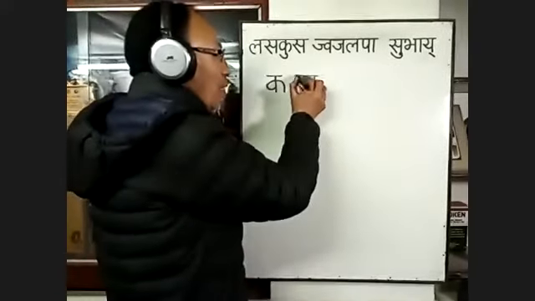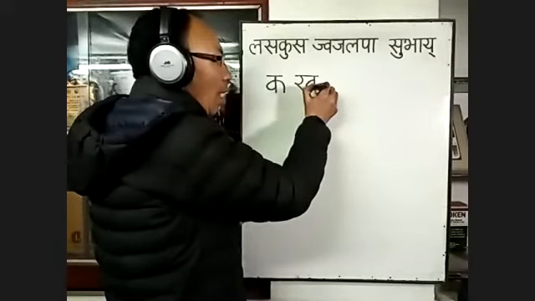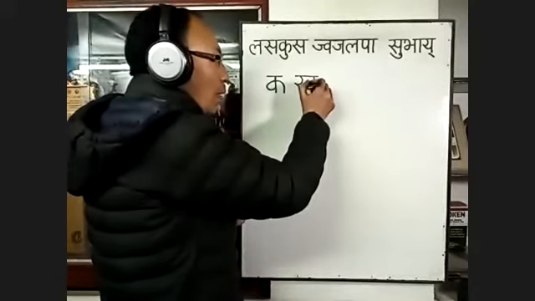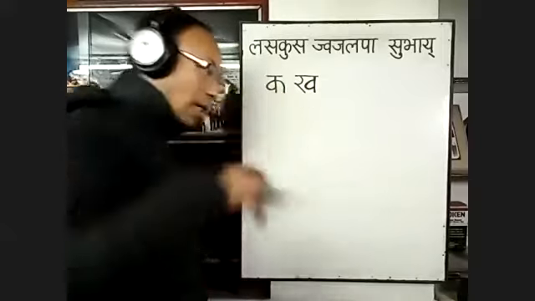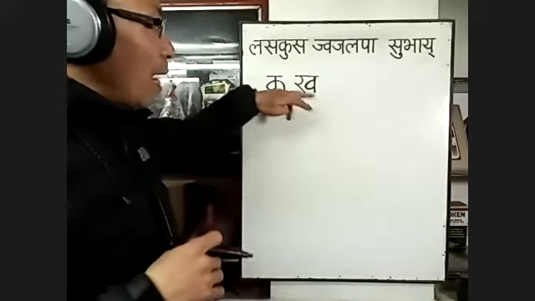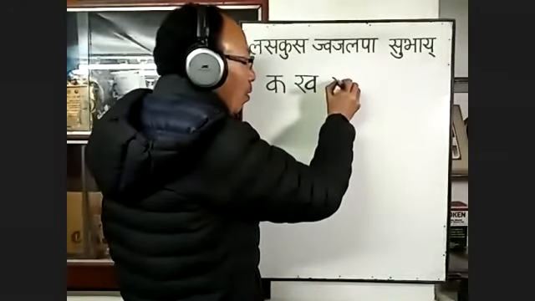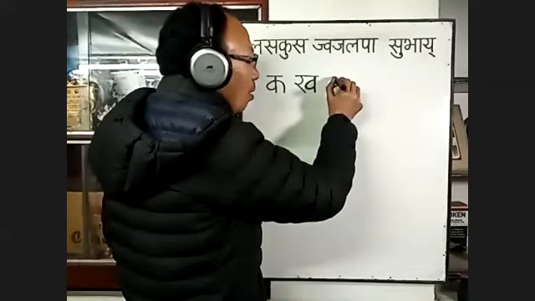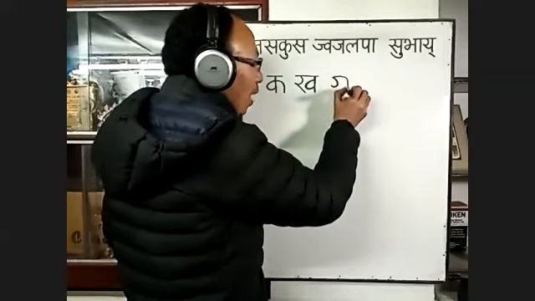And ka is very similar to Devanagari, except it is written slightly downward. So ga is the one without the dika or the mo, and it is written like this.